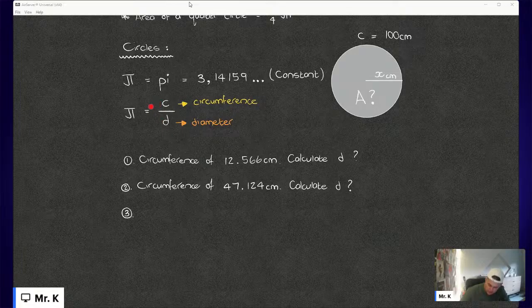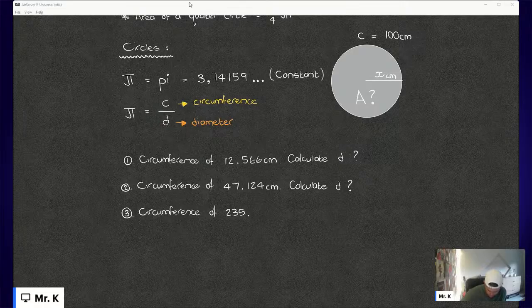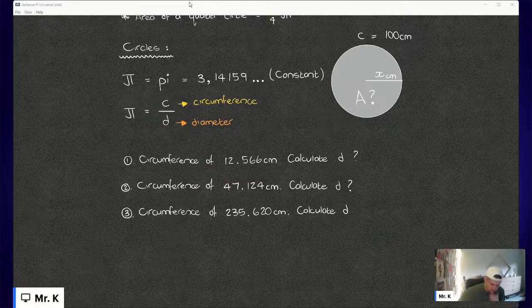You are going to use this formula that we see at the top of the screen over here. You must be able to calculate the value of the diameter in the circle.